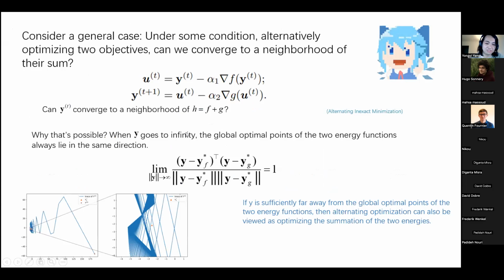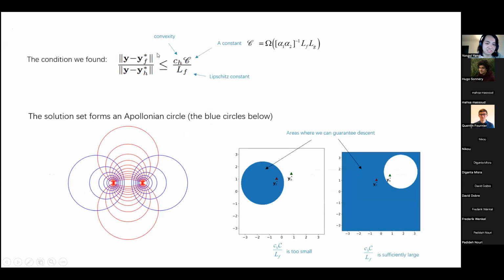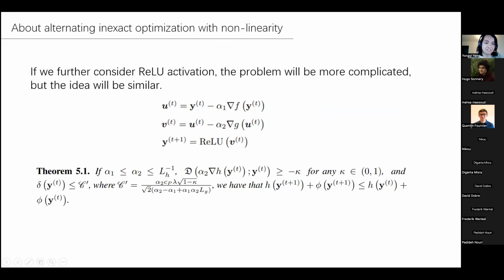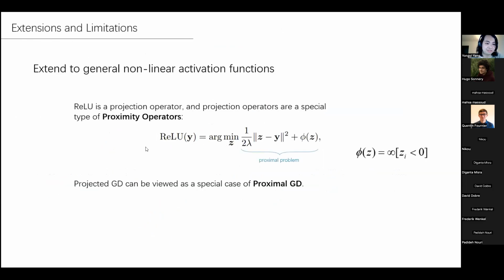Basically, we want to show that under a specific condition, that y is sufficiently far away from h, then we can show the descent. So that's the basic idea of this paper. There is still some time left, so I also want to discuss some possible extensions and limitations of this paper.